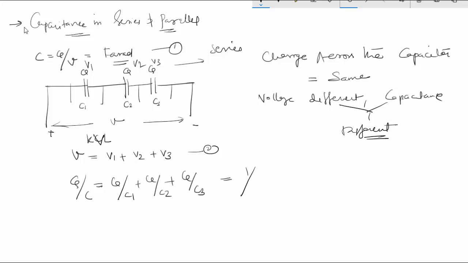All the Q will cancel, and 1 upon C is equal to 1 upon C1 plus 1 upon C2 plus 1 upon C3.